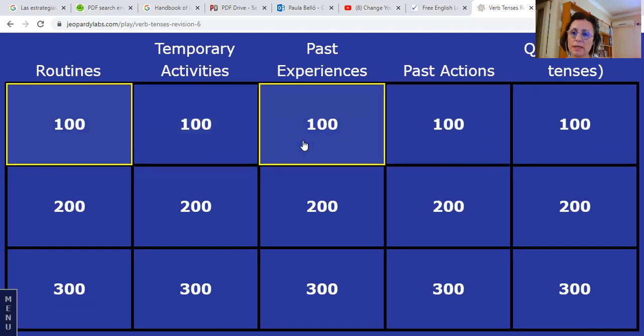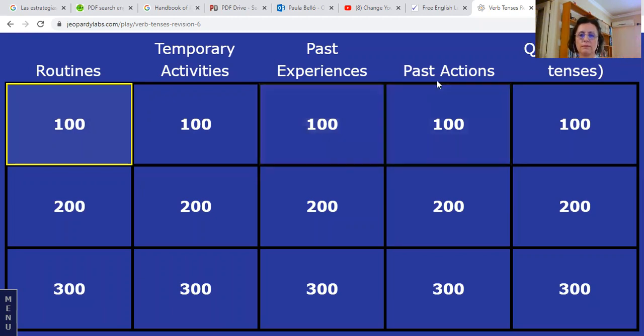Past experiences, something that you did in the last years, sometime in the past, but you don't mention exactly the time. Past actions, finished, and questions in general.